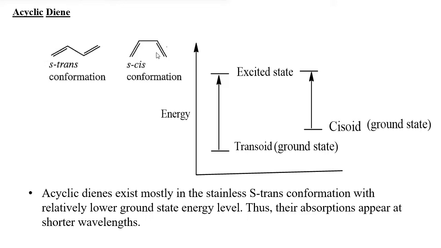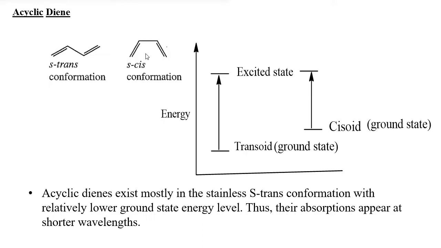Because of this orientation, in cisoid conformation there will be some electrostatic interaction between the pi electrons of the double bonds, and hence cisoid conformation is usually less favorable compared to S-trans or transoid conformation.